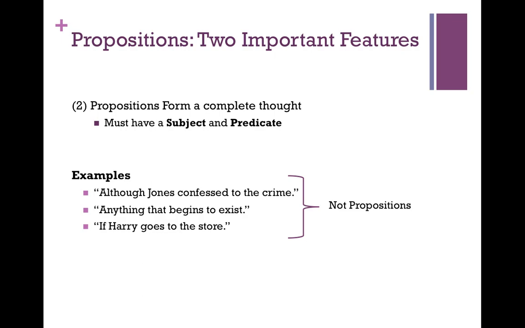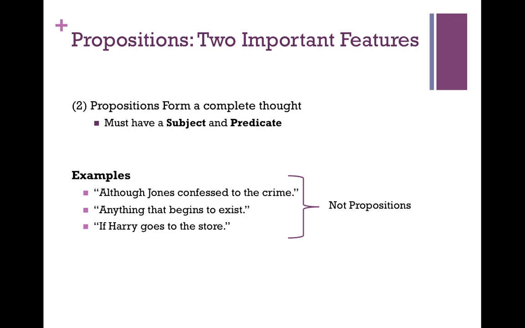For instance, if one proposition is true, must another proposition be true? Or if one proposition is false, will another proposition be false? So we're going to want to see logical dependency between propositions. That's a second important reason we're going to study them. But we have to be able to identify them in order to study them.